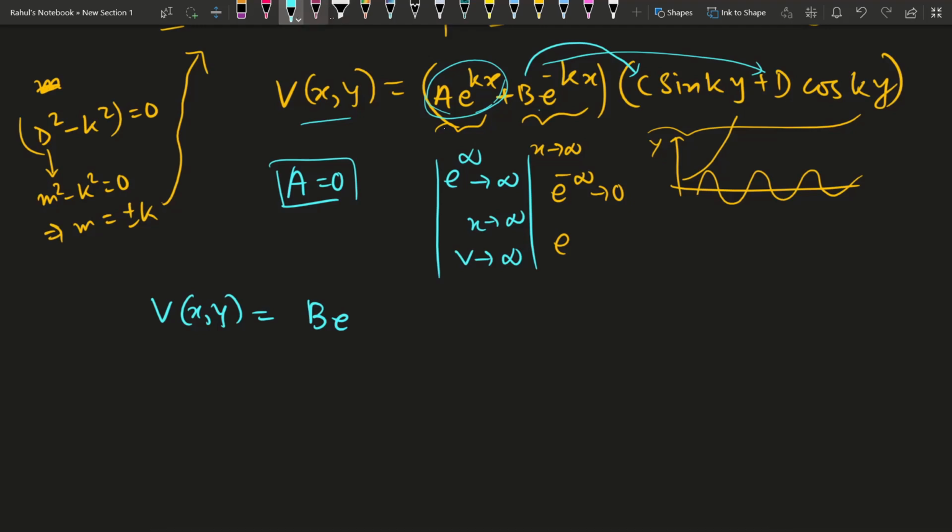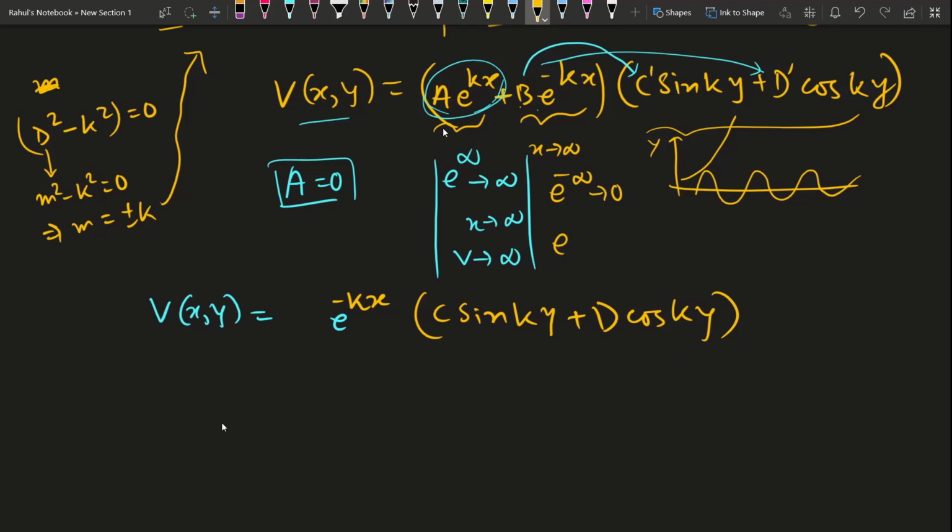I make c dash and d dash and define the new constant, the multiplication of b and c dash, to be c.